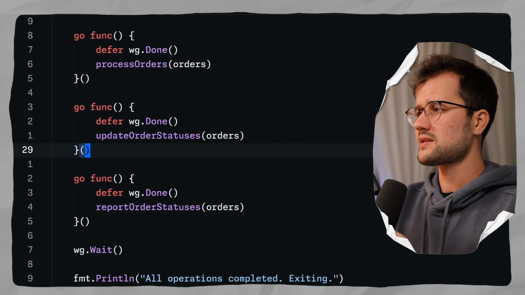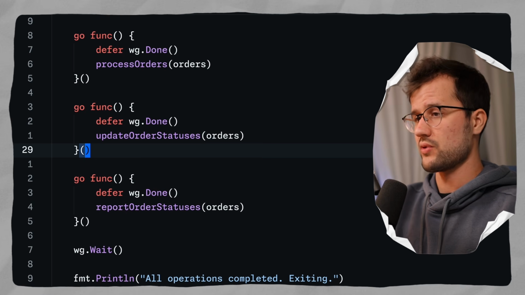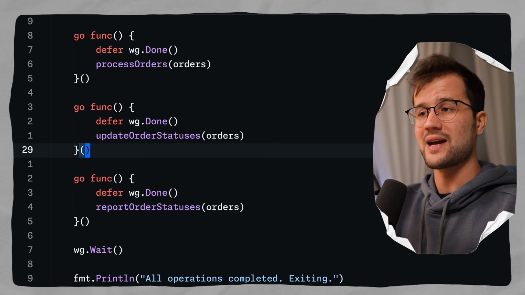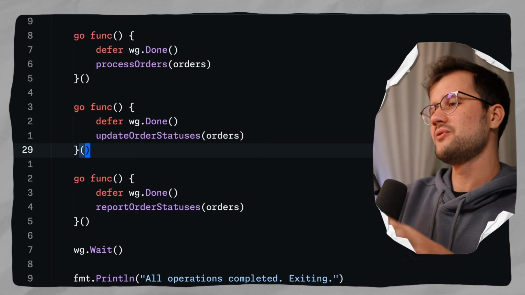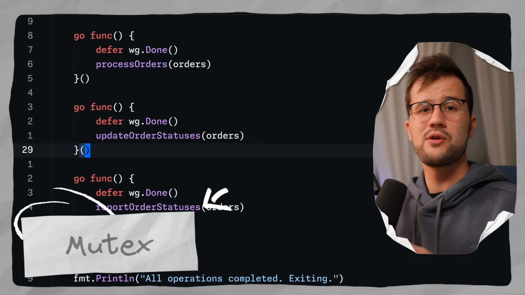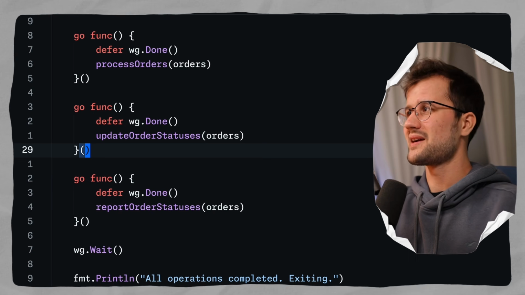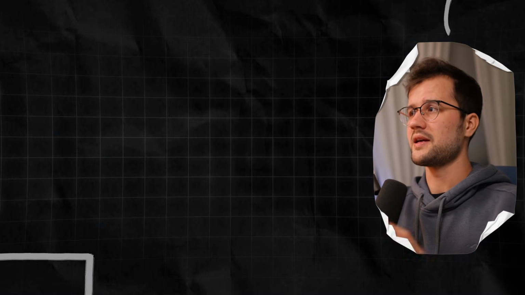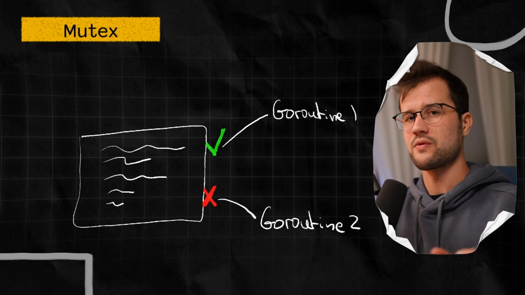But a few things can still go wrong with these specific Goroutines here, whenever multiple Goroutines access the same data. And this is where we are going to introduce a mutex. Now, a mutex generally stands for mutual exclusion. And in the end, a mutex is a locking mechanism that ensures that only one Goroutine can access a specific section of your code.